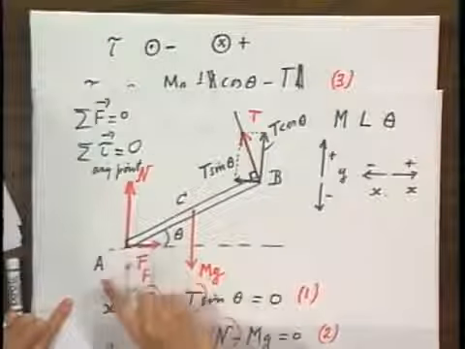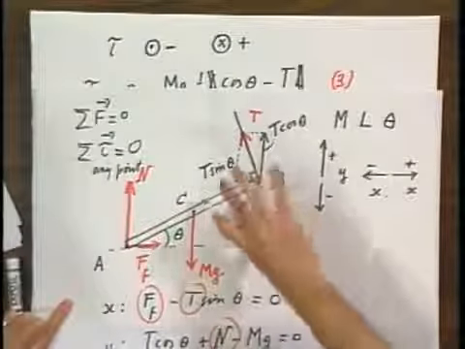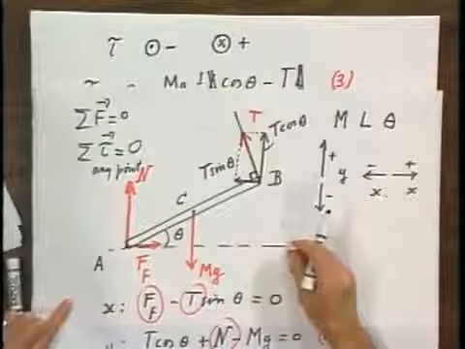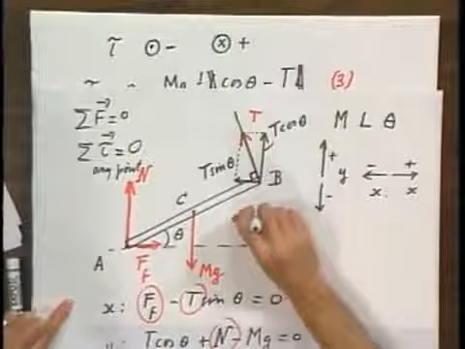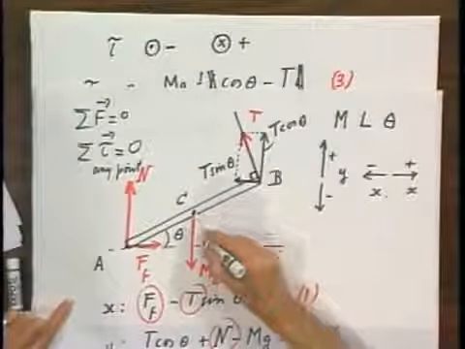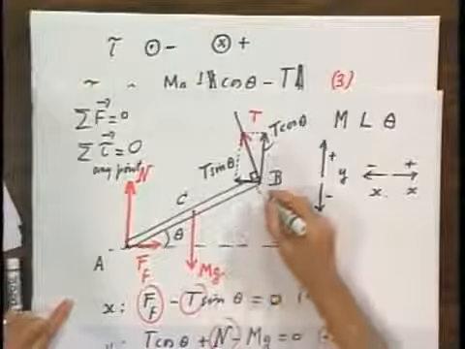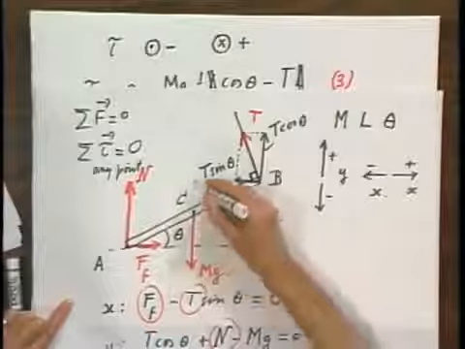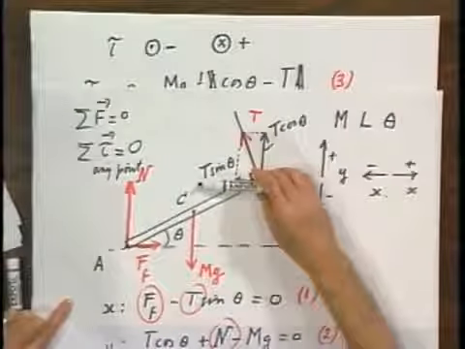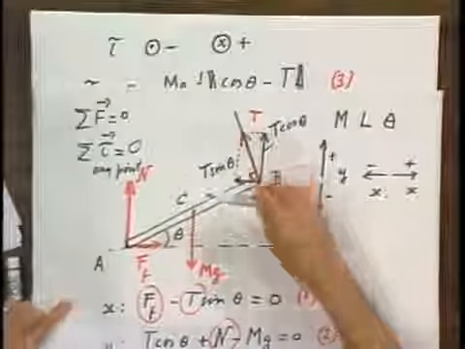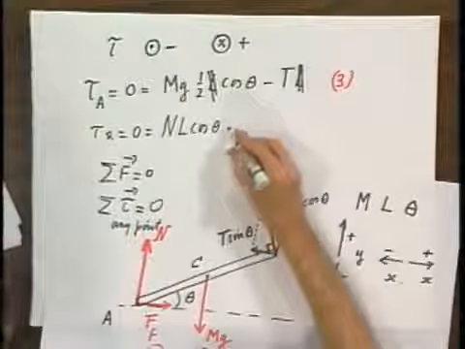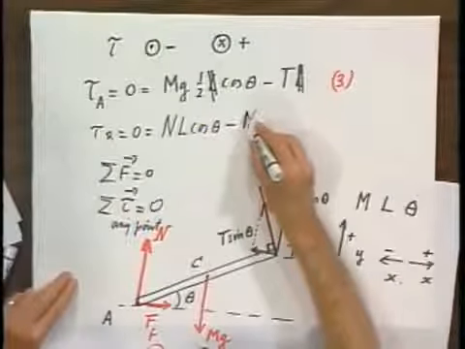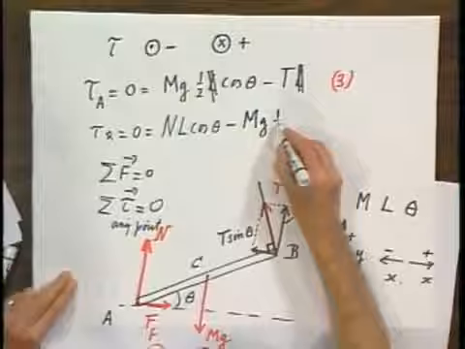Then we have this force, which is a negative torque because it's coming out of the paper. So it's mg times the distance from point B to that force. This distance equals 1/2 L cosine theta.